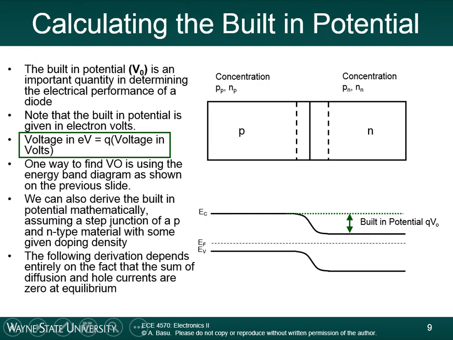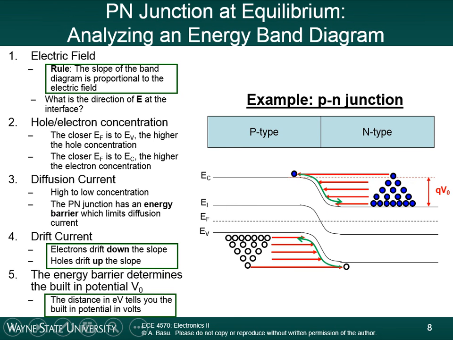So this distance here is Q times V0. V0 is the built-in potential in volts, so you can imagine 0.6 or 0.7 volts. You multiply that by Q, and you'll get 0.6 electron volts. And electron volts is a unit of energy. That's the energy difference between EC on the P side and EC on the N side.